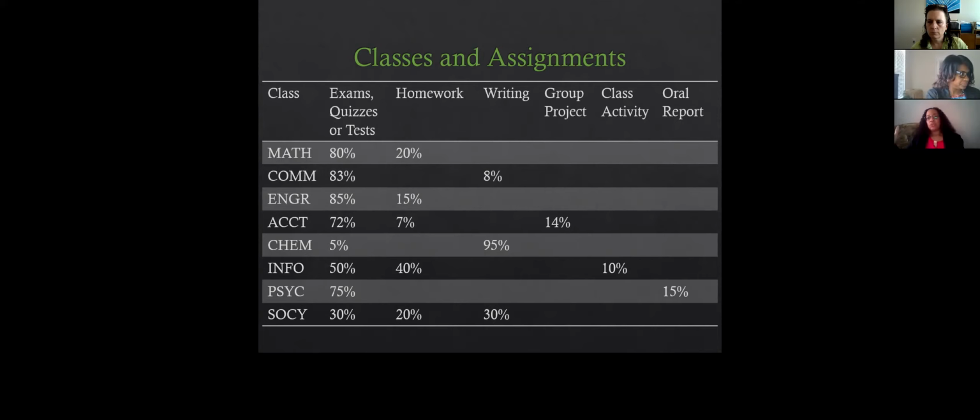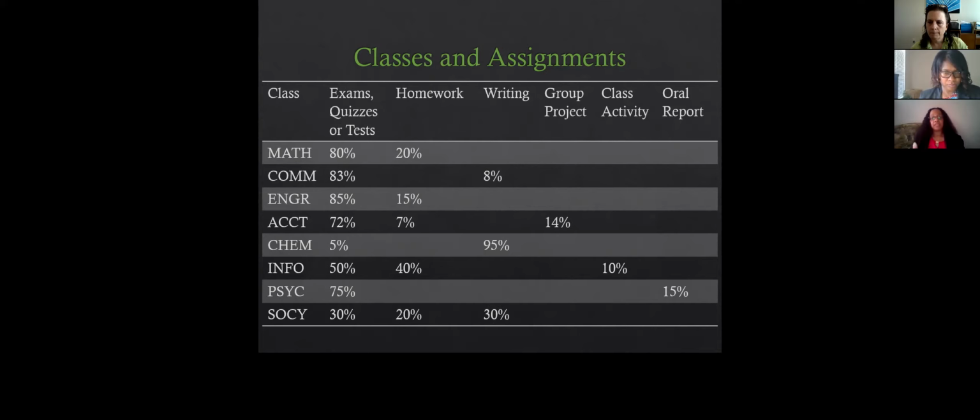And as you look through the assignment types that were given, 5 of the 8 courses had 70% or more of the assignment percentage come from exams, tests, and quizzes. The intro courses were more heavily weighted towards exams, quizzes, or tests. 3 of the intro courses only used homework as a different type of assignment.